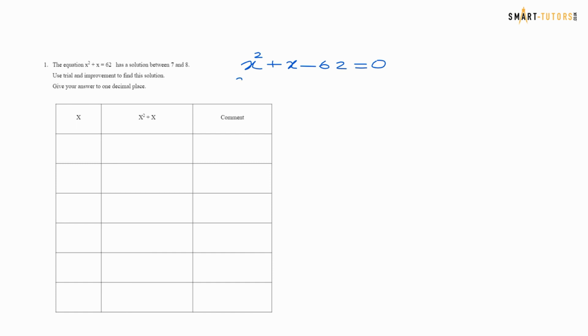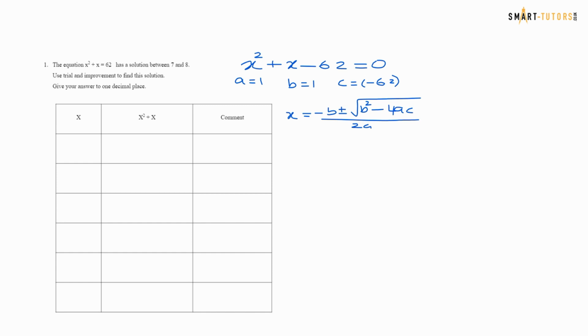Let's say a equals 1, b equals 1, c equals minus 62. x equals minus b plus or minus square root of b squared minus 4ac over 2a. This is the formula you can remember, and substitute all the numbers, use a calculator. You can get 2 answers for this solution because this is a quadratic.